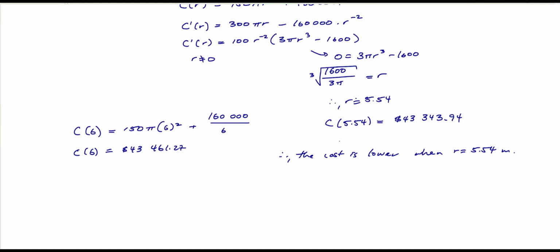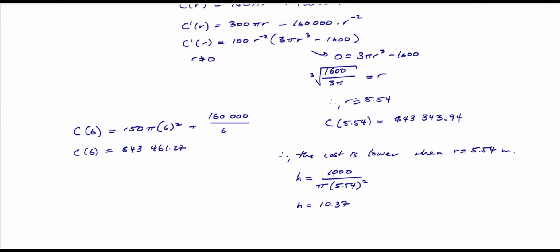So I'm going to take this value and find the height. Height is equal to 1,000 over pi times 5.54 squared. And so the height is equal to 10.37. I check, and that definitely works within the confines of my dimensions.